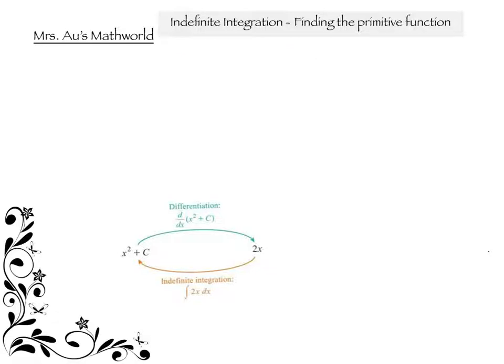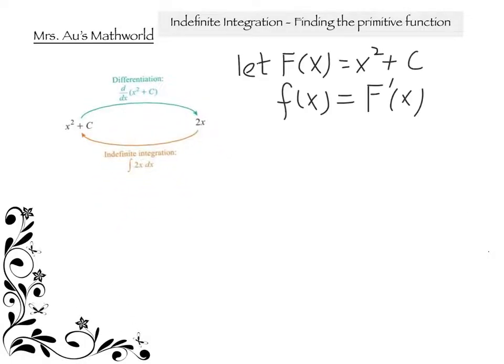Let's use this one example. We let capital F of x be the primitive function, and then we differentiate to get f of x. Usually we will be given a value. For example, it's given that F of 2 equals 7. If your question only gives you this, then we integrate.